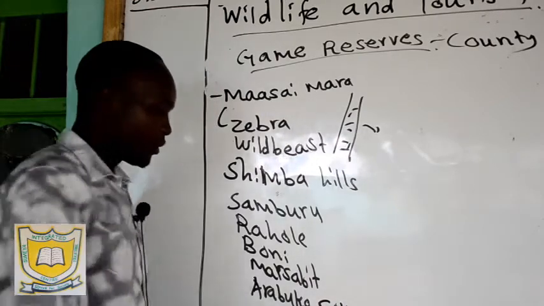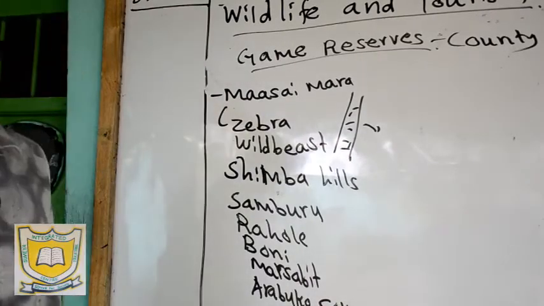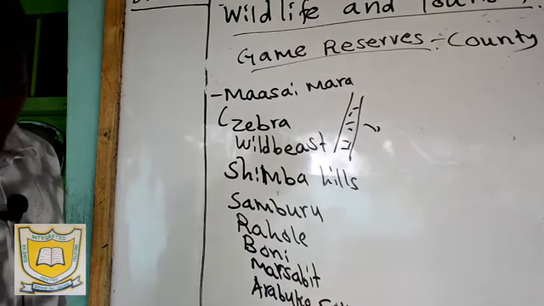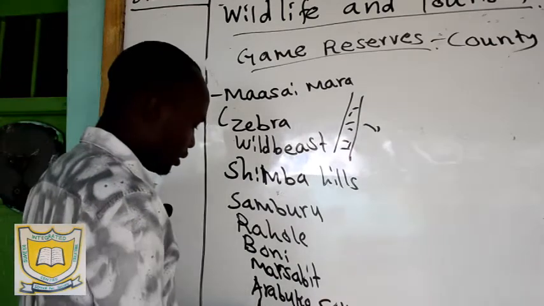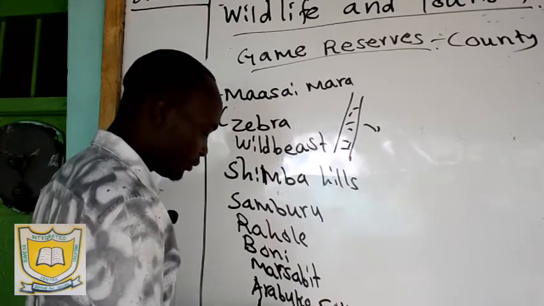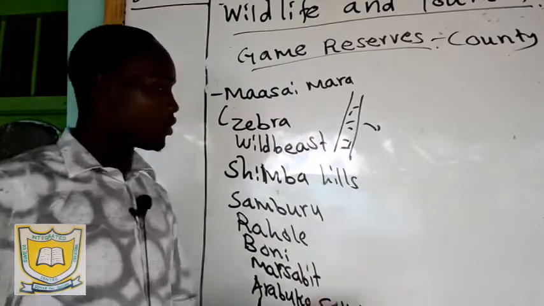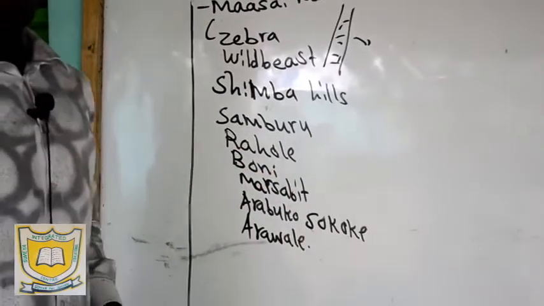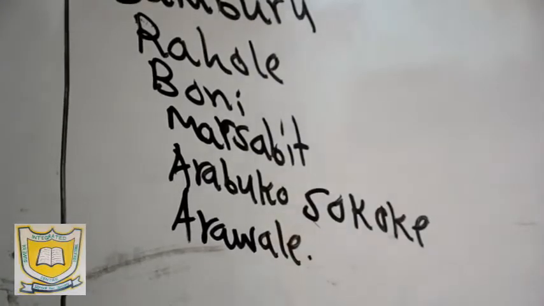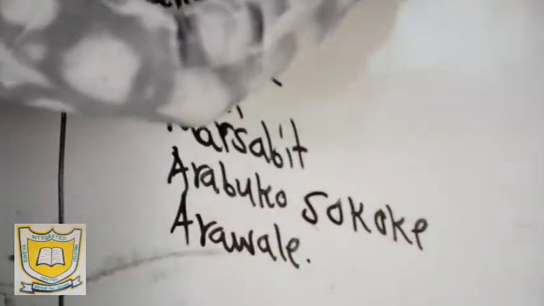It's a forest, but we have also very many animals in those areas. And then we have Arawale, and so on. So these are examples of national reserves in Kenya.